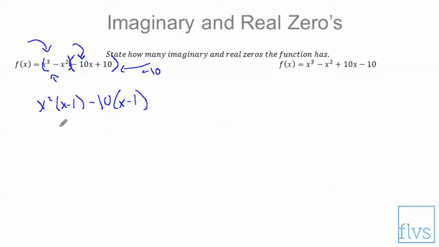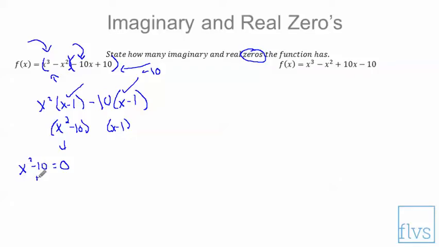So here I have x squared minus 10. Those are my outside numbers. And then I've got my x minus 1, my inside matching parentheses. You want them to match to know it's factorable. But I'm looking for how many imaginary and real zeros. Keyword here being zeros. So I'm going to take the first one, x squared minus 10, and set it equal to 0.